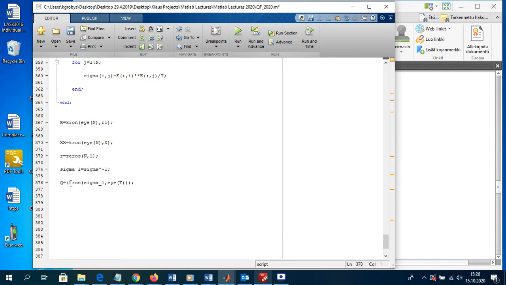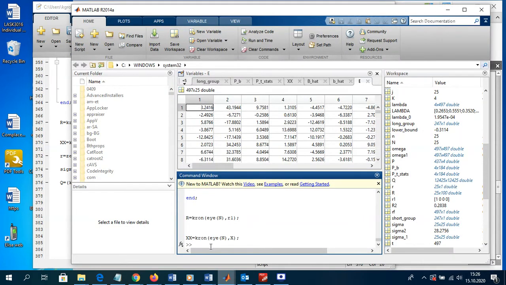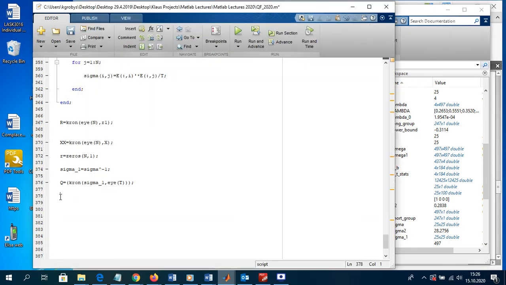The dimension should be n times t by n times t, because this guy here has the dimension n, and this guy here has the dimension t. So if you take the Kronecker product, what comes out is n times t by n times t. So we have 497 observations and n stocks. So the dimension is obviously 12,425 by 12,425.